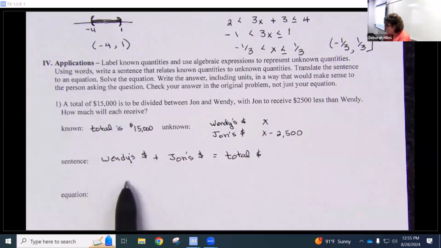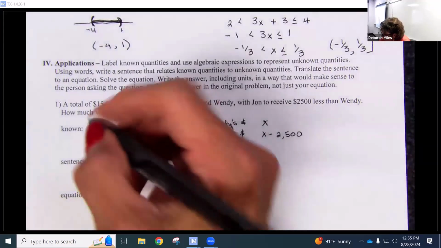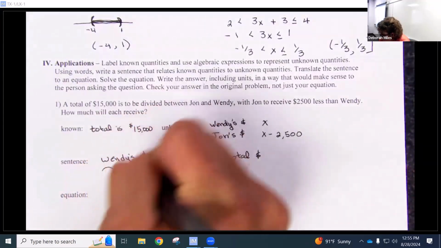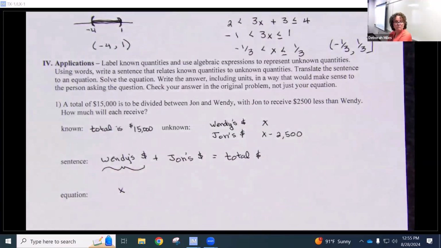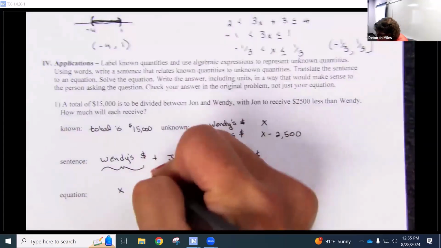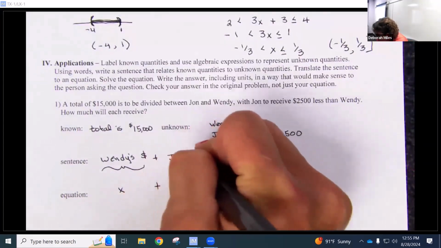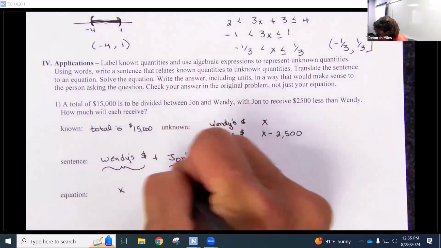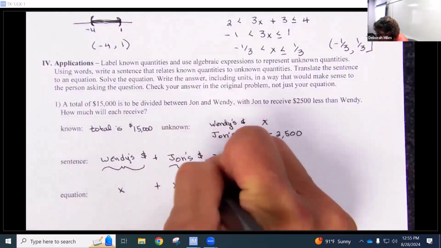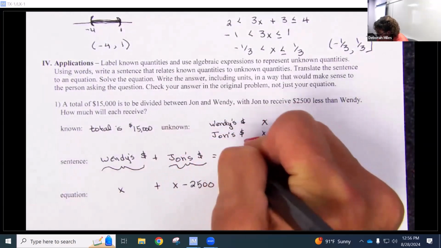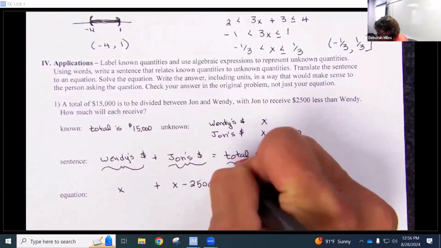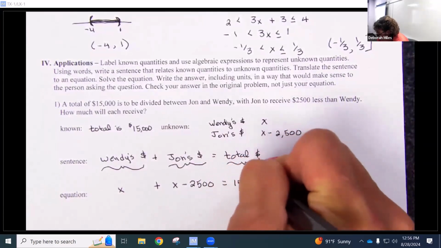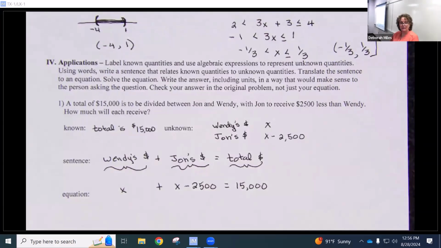For Wendy's dollars, that's what we let be X. John's dollars, that's what we let be X minus 2,500. And total dollars, we were told is 15,000. So that's my equation.